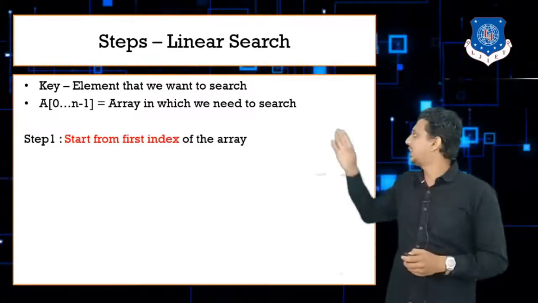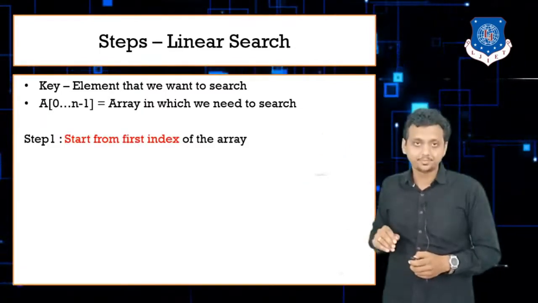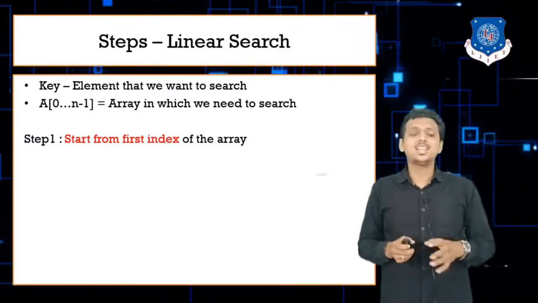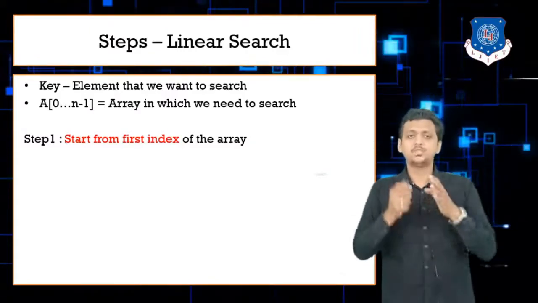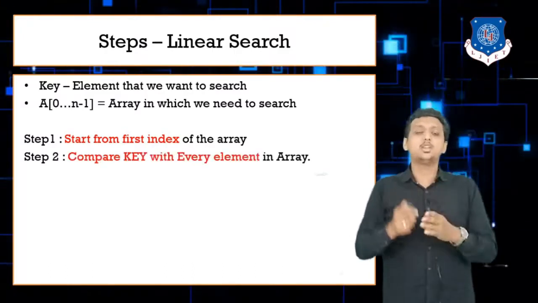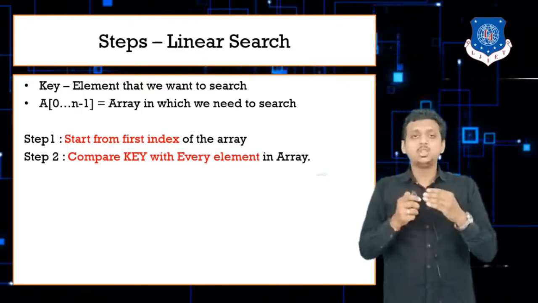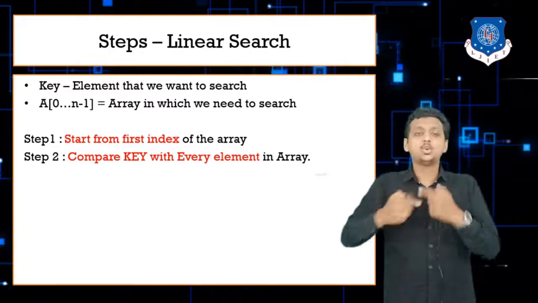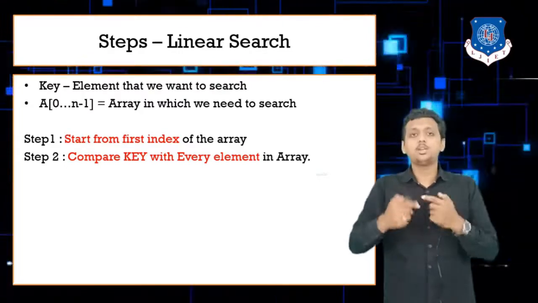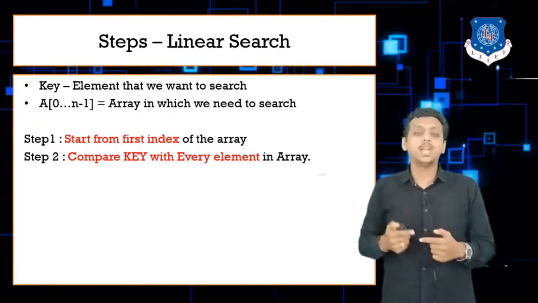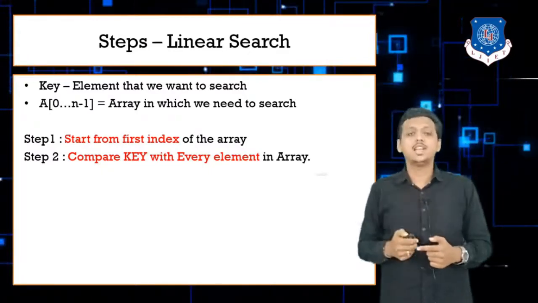You need to search for your key element in this particular array. Step number 1 starts from the first index of the array. Compare your key element with the first element of the array. If it is found, then it's okay, else move ahead. You just need to increment your pointer and compare your key value with the next value of the array until you get the value.